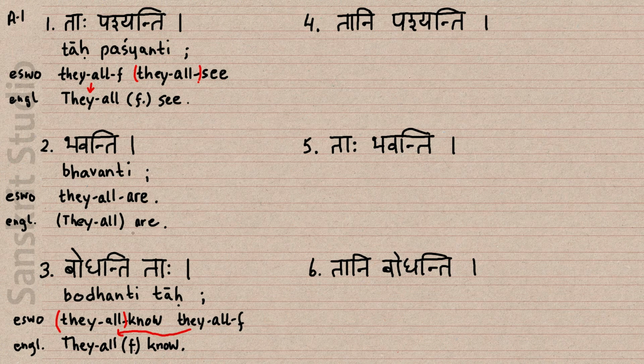But in first person, for instance, in plural, if we take bhavamaha, if I were to say we all are, I would know if we would supply a pronoun or not. So either bhavamaha or vayam bhavamaha.